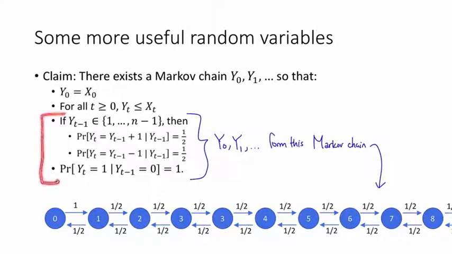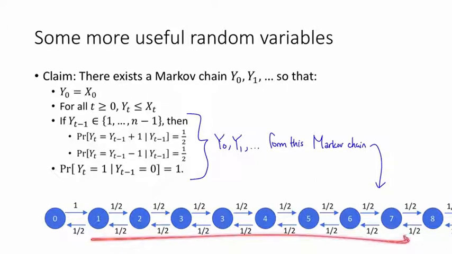Reading through these bullet points, these say that if yt minus 1 is not equal to 0, so if it's somewhere between 1 and n minus 1, then the probability that I increase by 1 is equal to 1/2, and the probability that I decrease by 1 is also equal to 1/2. On the other hand, if yt minus 1 is equal to 0, then the probability that I increase by 1 is equal to 1.